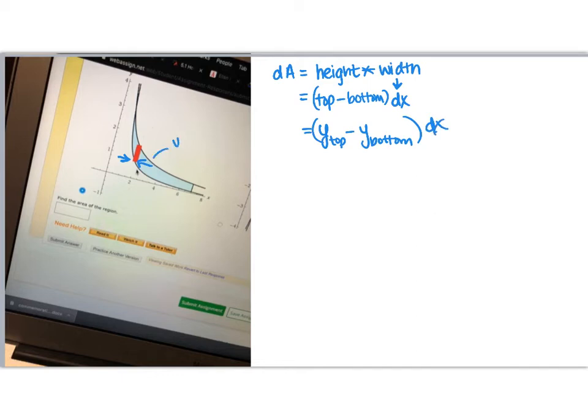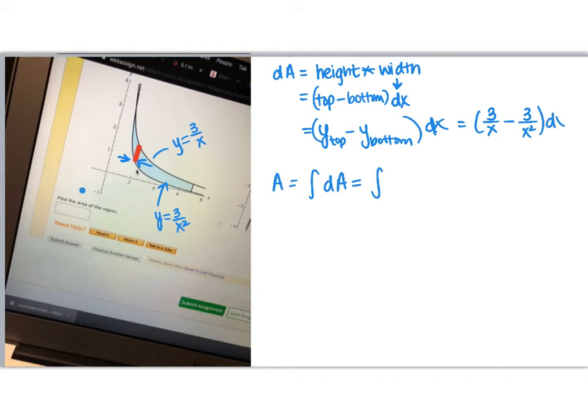So if you remember, this is y equals 3 over x, and this one is y equals 3 over x squared. Finding our area is integrating all the little dA's, so I substitute in what the y top and the y bottom are: 3 over x minus 3 over x squared, that's the y top minus the y bottom, times dx.